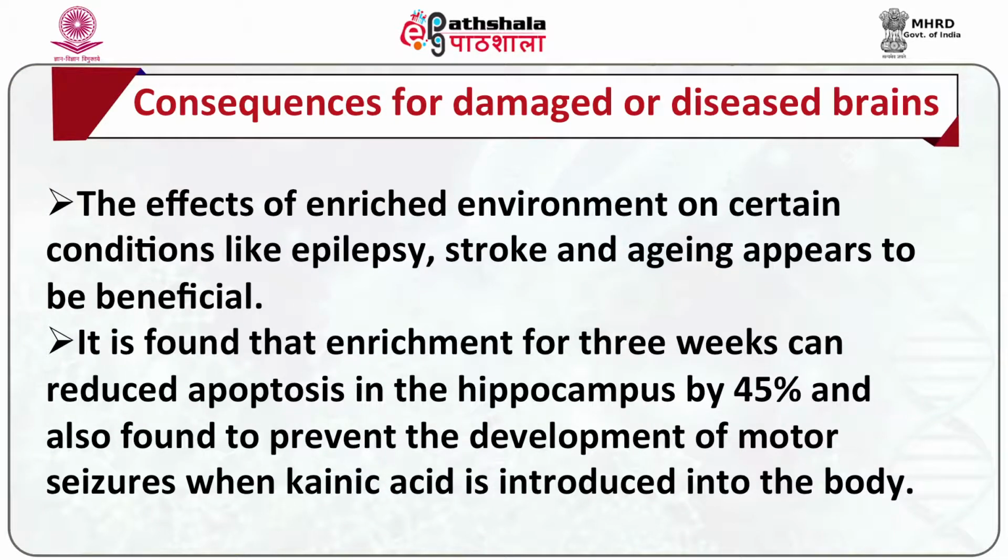The effect of enriched environment on certain conditions like epilepsy, stroke and aging appears to be beneficial. It is found that enrichment for 3 weeks can induce apoptosis in the hippocampus by 45%, and it was also found to prevent the development of motor seizures when kainic acid is introduced into the body.